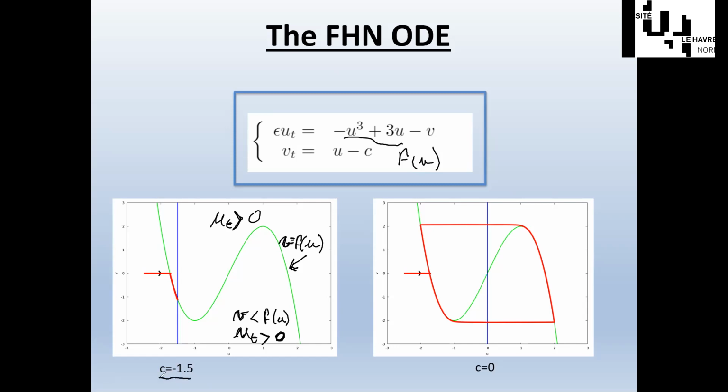Here we have c equals minus 1.5, but in the same way, v_t will be less than 0 if u is smaller than c, and v_t will be greater than 0 if u is greater than c.